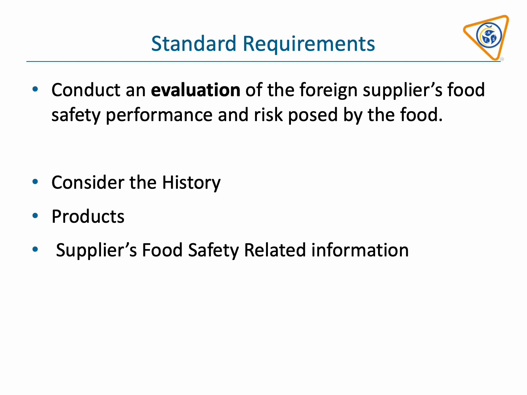B. Applicable FDA food safety regulations and information relevant to the foreign supplier's compliance with those regulations, including whether the foreign supplier is the subject of an FDA warning letter, import alert, or other FDA compliance action related to food safety. C. The foreign supplier's food safety history, including available information about results from testing foods for hazards, audit results relating to the safety of the food, and responsiveness of the foreign supplier in correcting problems.